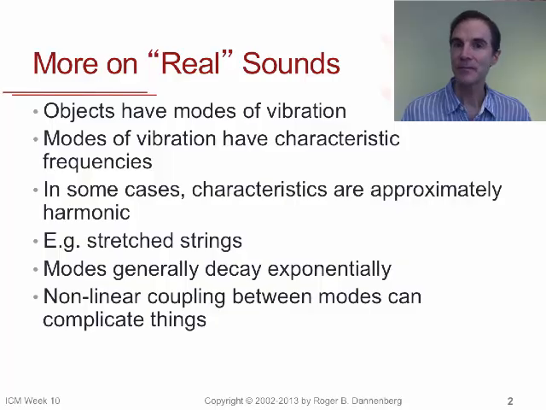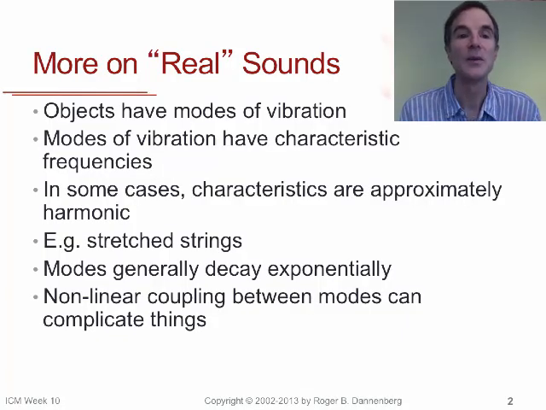And in an ideal string, that means completely flexible, uniform, and so on, the frequencies of those different modes of vibration would have a ratio of 1 to 2 to 3 to 4, and so on.